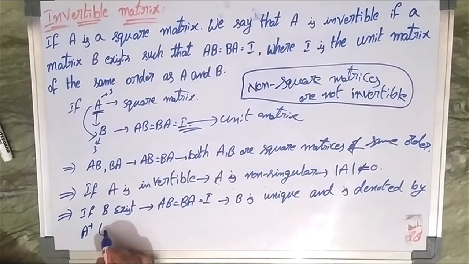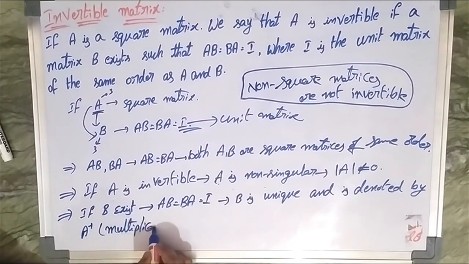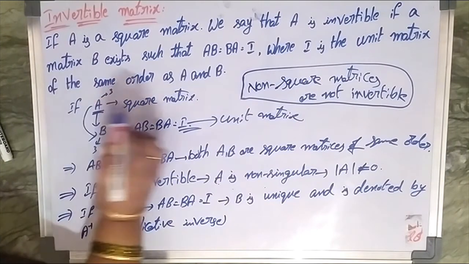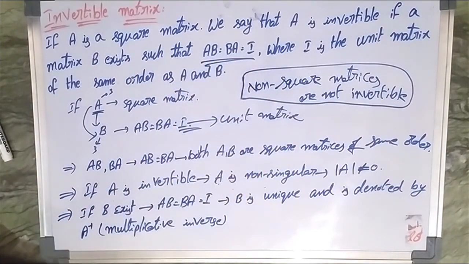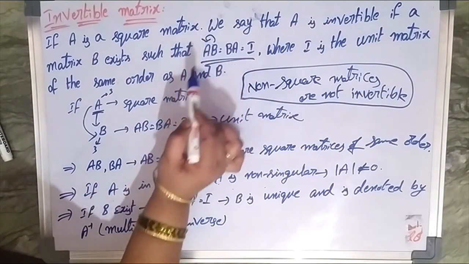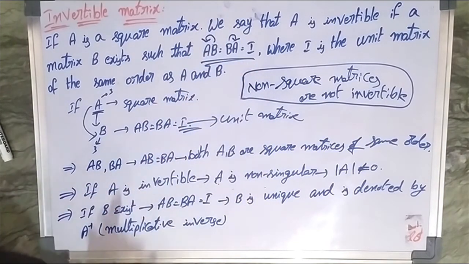That means it is called the multiplicative inverse or inverse of A. That means if, by the invertible matrix definition, AB equal to BA equal to I, then B is the inverse of A, and A is the inverse of B; they are invertible to each other.